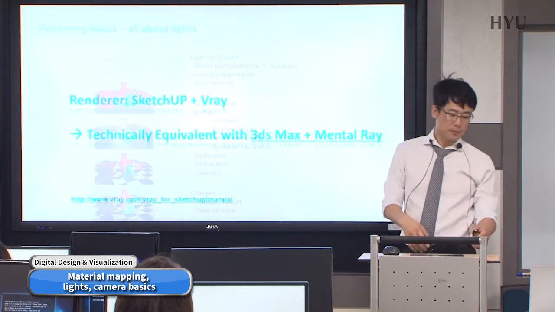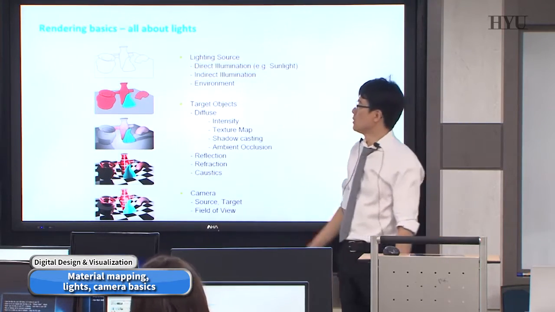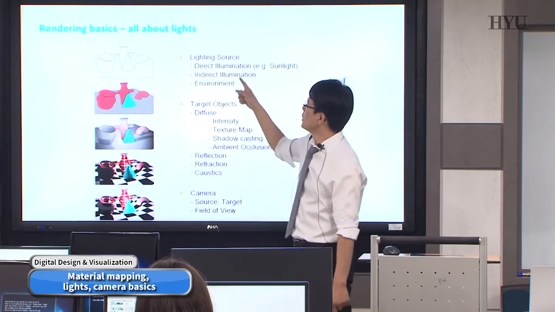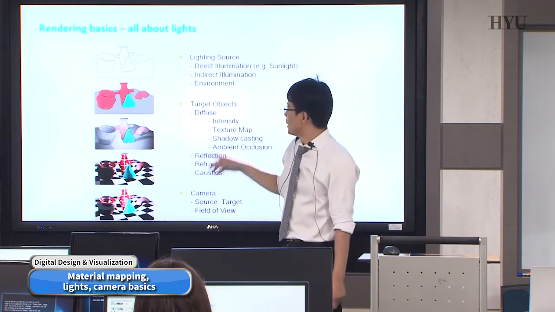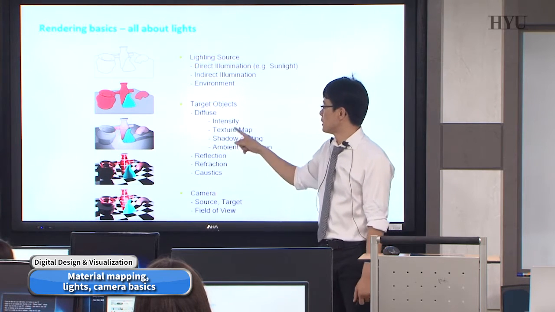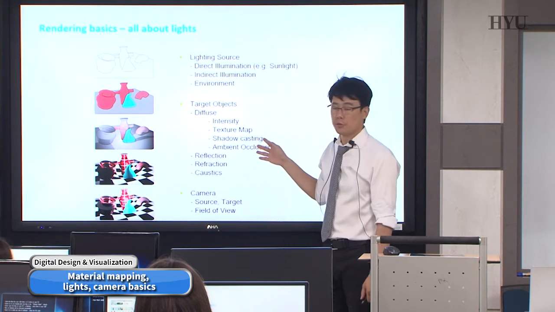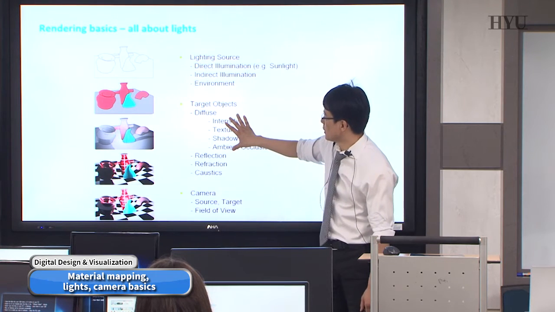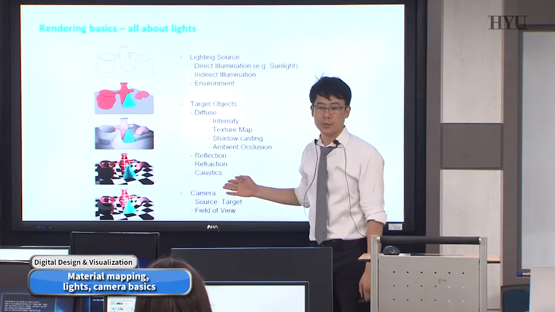Something like that. Anyway, last week I introduced you rendering is all about lights. We need to use lighting source, target objects, camera, that's it. Sub-components, even under diffuse, intensity, texture map, shadow casting, ambient occlusion, lots of things you need to know, but this one exactly same under reflection, under refraction, and so on.